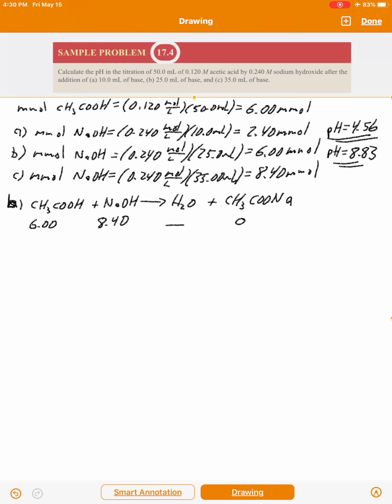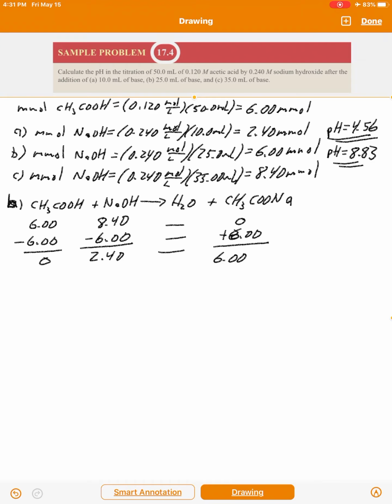Okay, so now the excess reactant is sodium hydroxide, and the limiting reactant is acetic acid. So we subtract the smaller of the two. Of course, this is 0, and now this is 2.40. Now, this does go up by 6 on the product side.